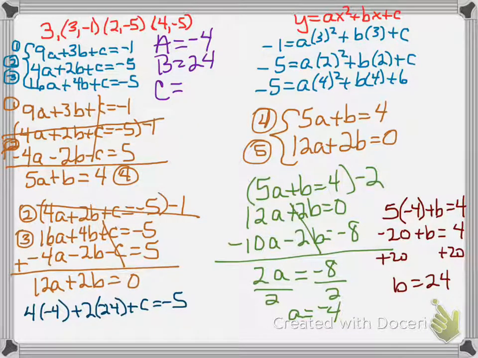Okay? So 4 times -4 is -16. 2 times 24 is +48.